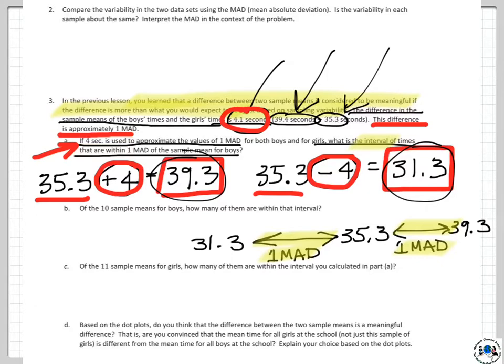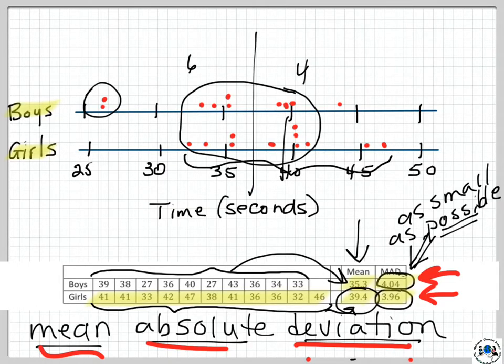Anyway, here's part B. B asks: of the 10 sample means for boys, how many of them are within that interval? So how many fall between 31.3 and 39.3? Let's look at our dot plot, which will help us because we know that 31.3 is somewhere around here, and then 39.3 is before 40, so that's going to be right there.